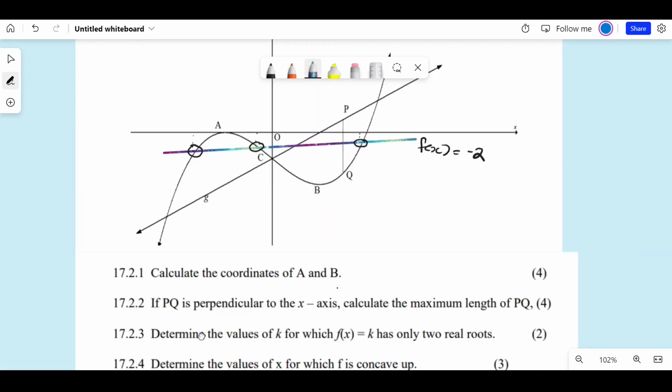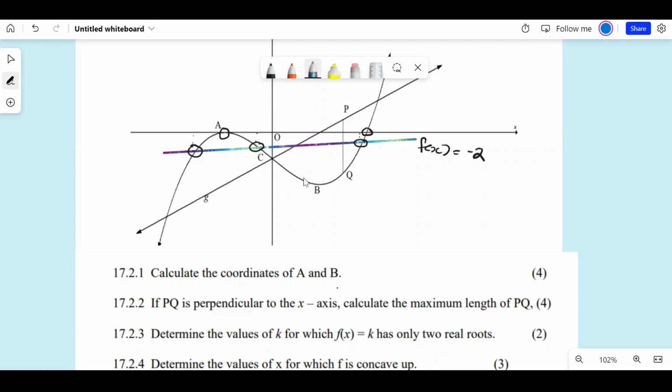In this question now they are saying determine the values of k for which f(x) equal to k has only 2 real roots. So for us to have 2 real roots, the lines must be at the turning points. Look at the x-axis, for example. When the x-axis cuts the graph at 2 different points, at this point here, and also at this point, it has only 2 real roots.